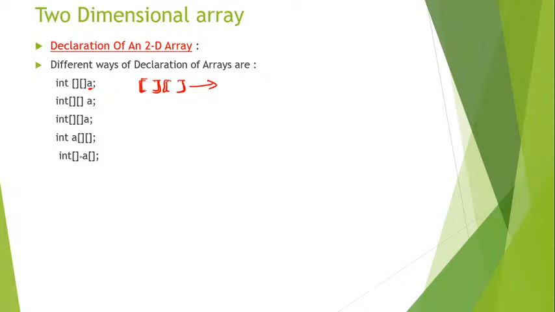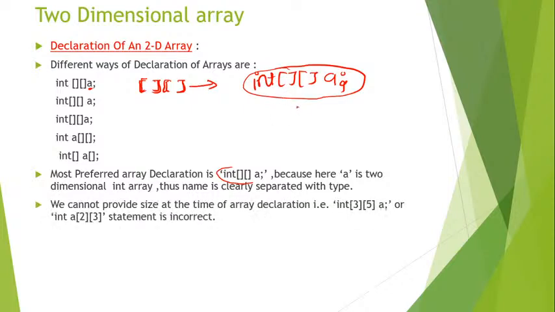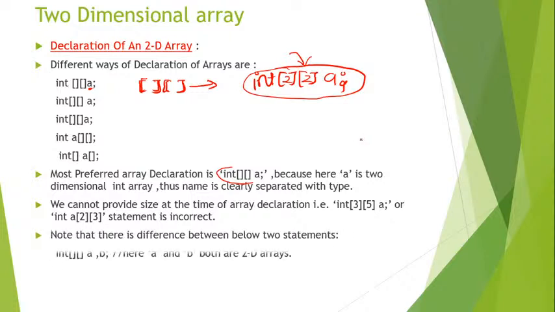The most preferable way is int two square brackets and then a. All developers follow this one, so you can use this too. And we cannot declare the size here. When declaring a 2-dimensional array, we haven't declared the size, and if you do, it will throw an exception. This is an incorrect statement.